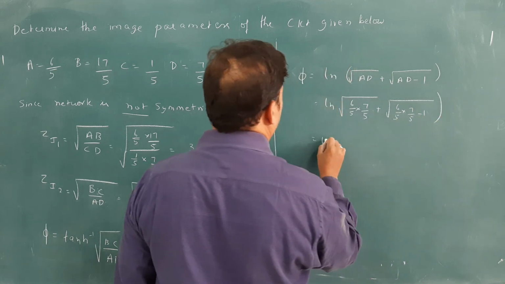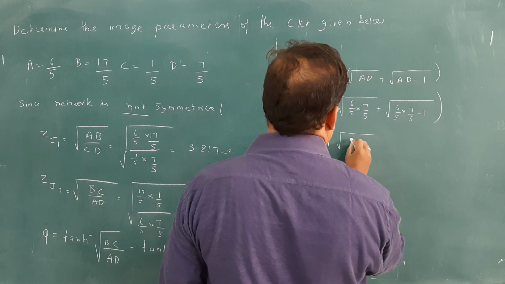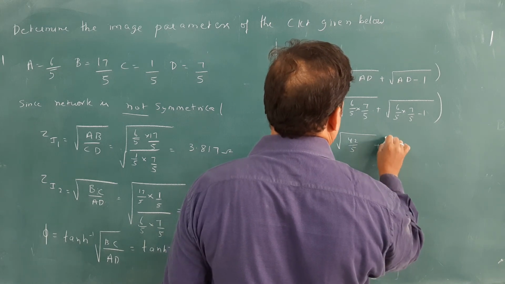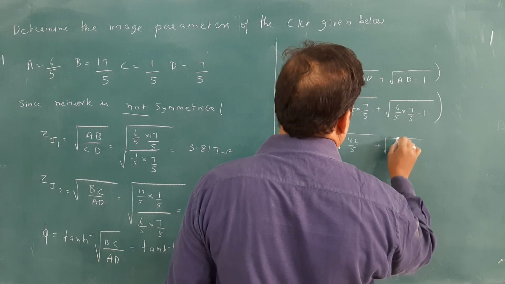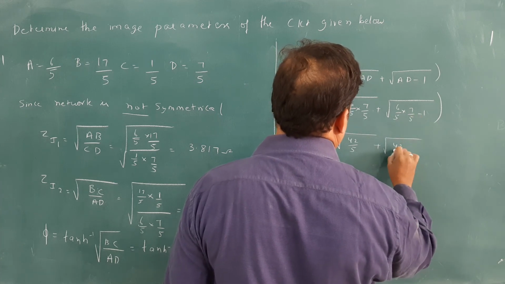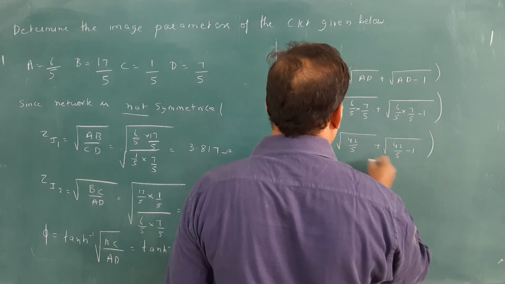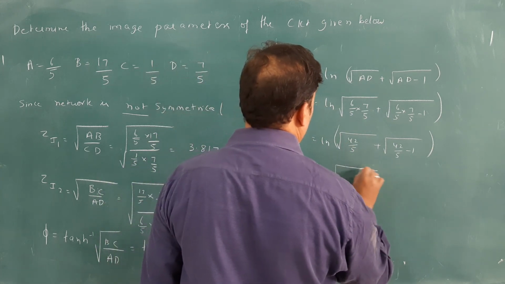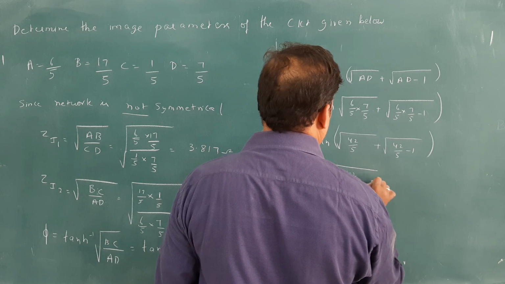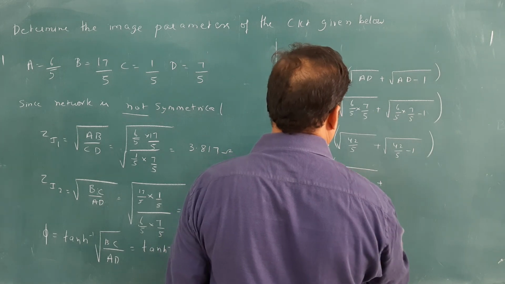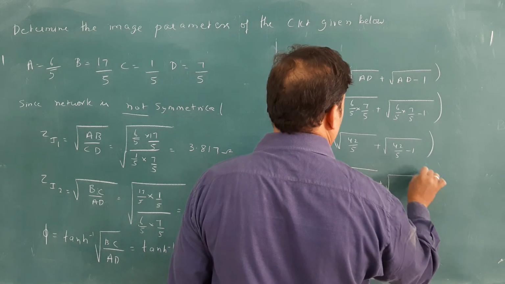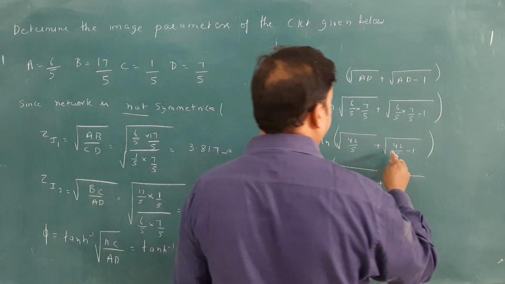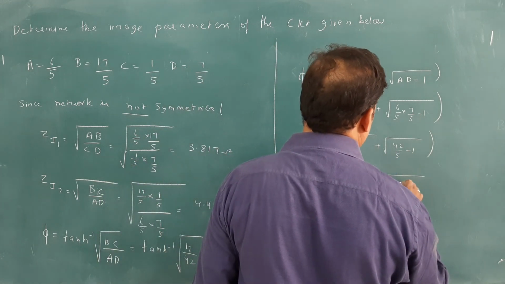That is 42 by 5 plus 42 by 5 minus 1, that is 42 minus 5, which is 37 by 5.